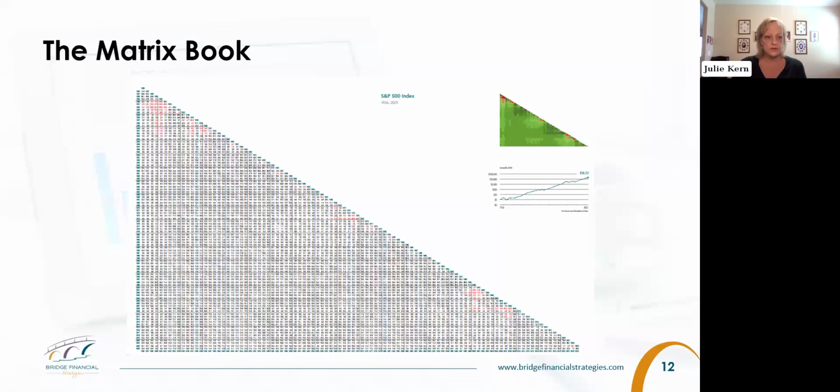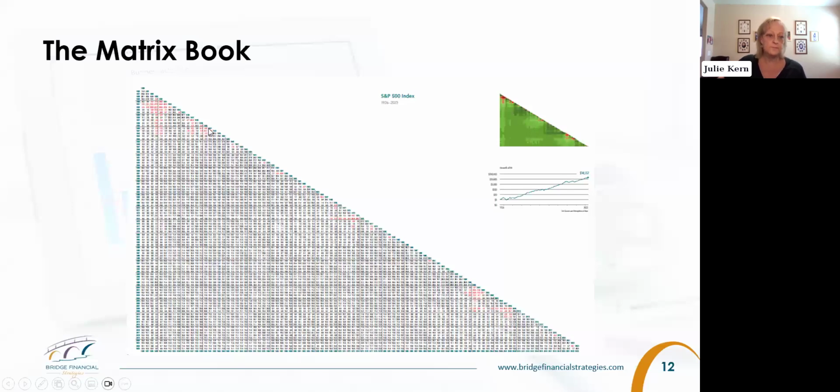But the reason I'm showing you this page is because the important takeaway is that even though this is just the S&P 500, this is not a balanced portfolio. There are no bonds in here. All of the years that were negative are colored red, and all of the years that are positive are colored black. So what you can see is that there's some groupings of red here, here, there's a few in here and here.